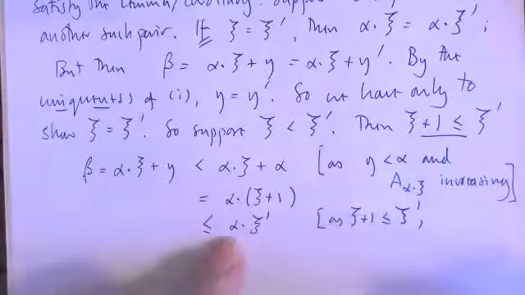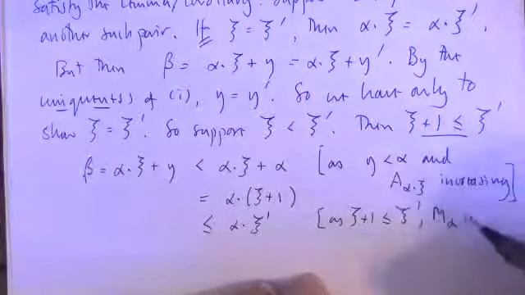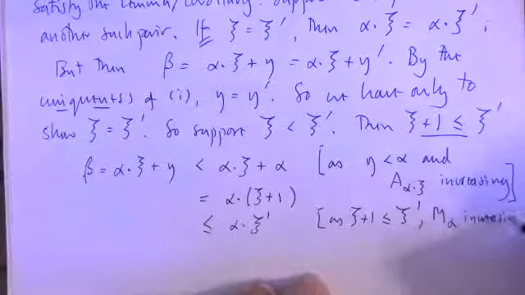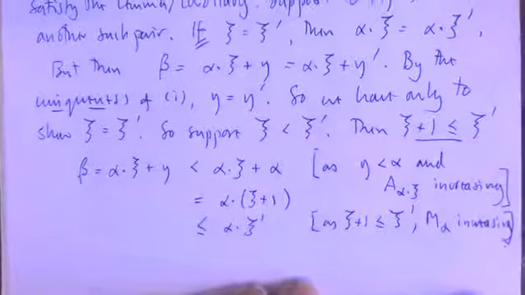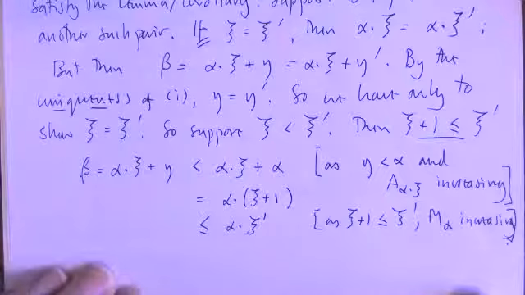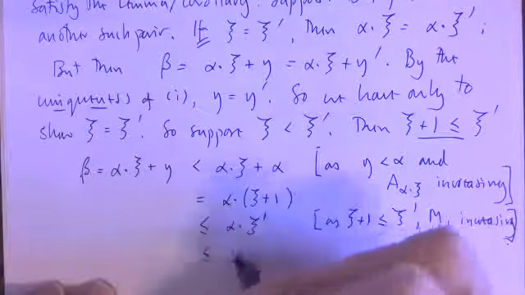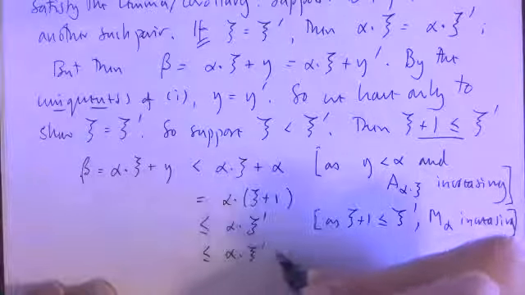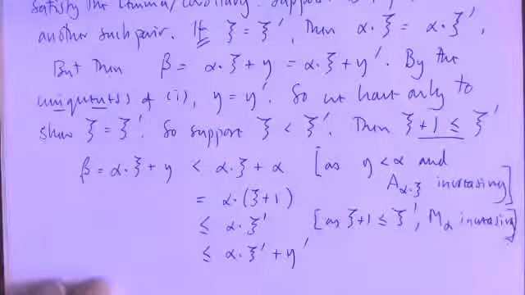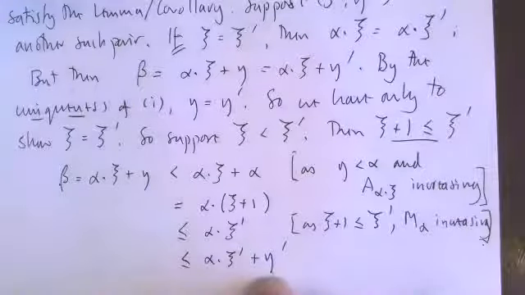And I'm using that the multiply by alpha function is increasing. Well, again, this is less than or equal to alpha times xi prime plus eta prime. I don't write strict less than because maybe eta prime is 0.